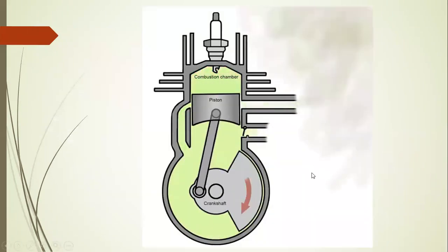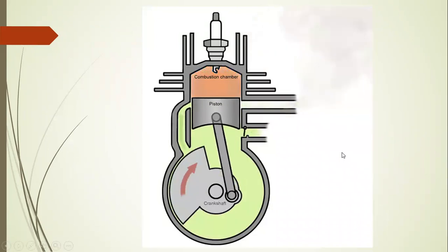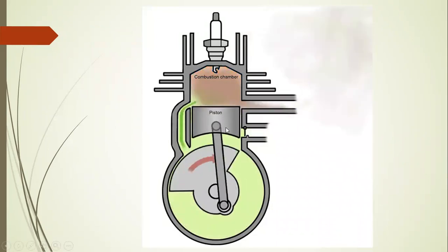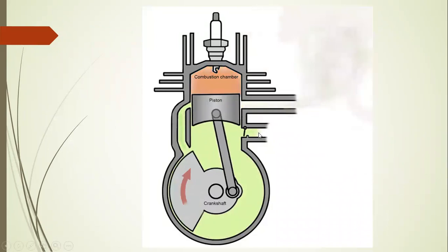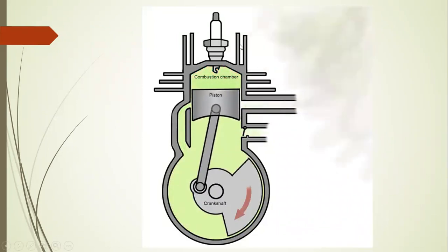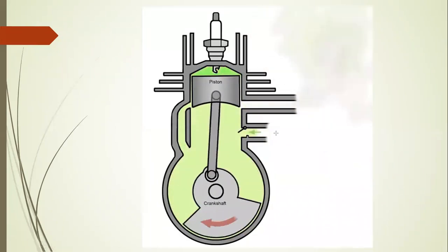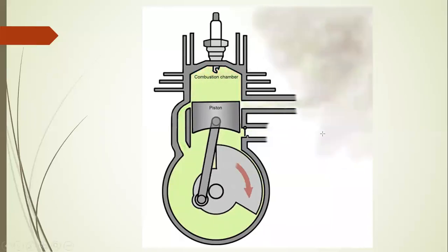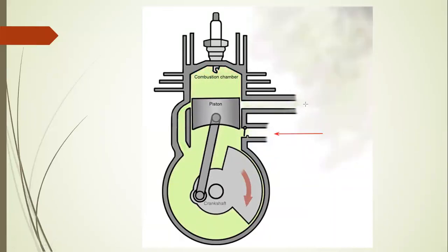Here let's see one animation file for a two-stroke engine. Here the piston moves in an upward direction. This portion is called the inlet. I will highlight it with the drawing. This portion is called the inlet, this portion is called the outlet, and this portion is called the transfer port. Let me give a name.